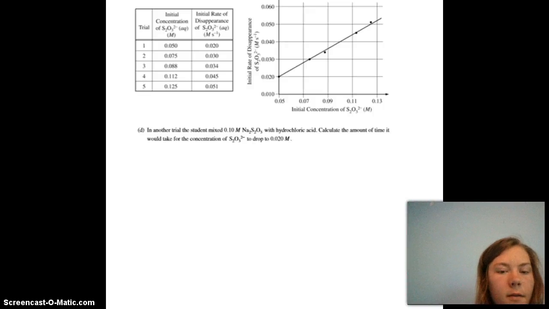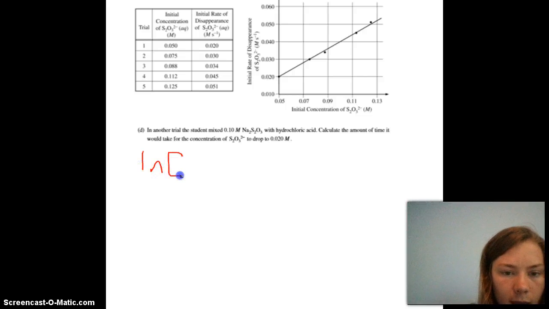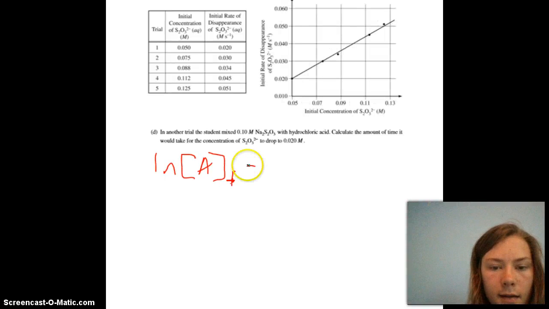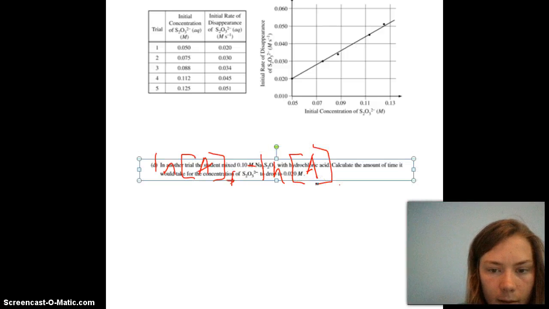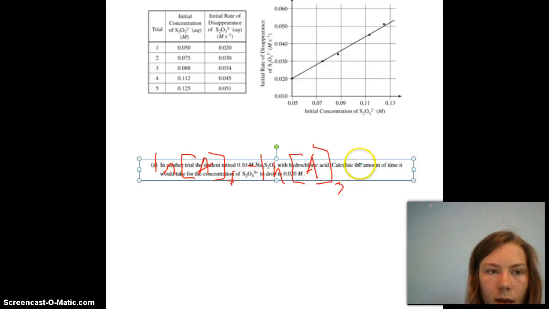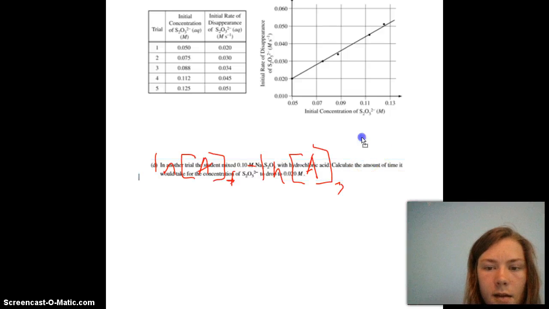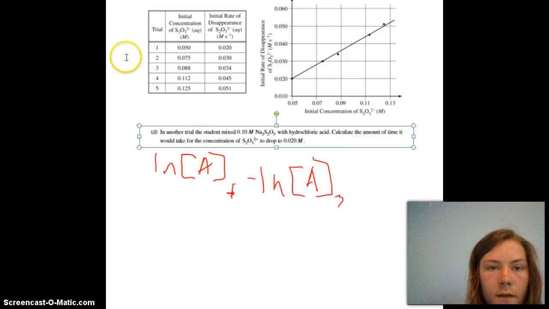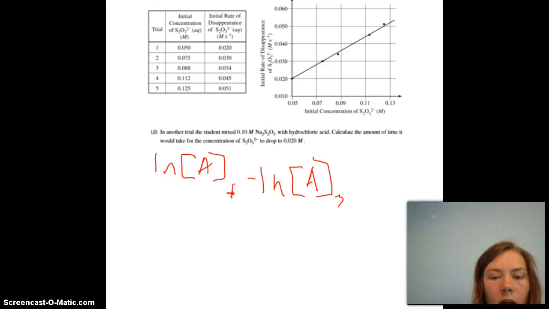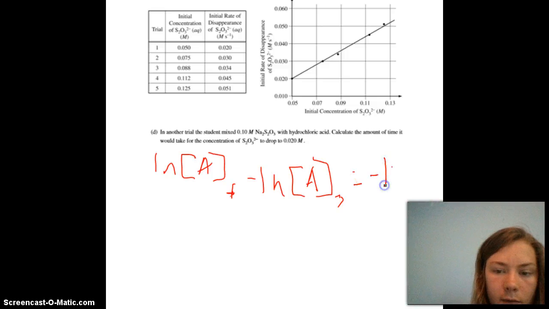the natural log of the final concentration of A minus the natural log of the initial concentration of A, and then this all equals negative rate constant times time.